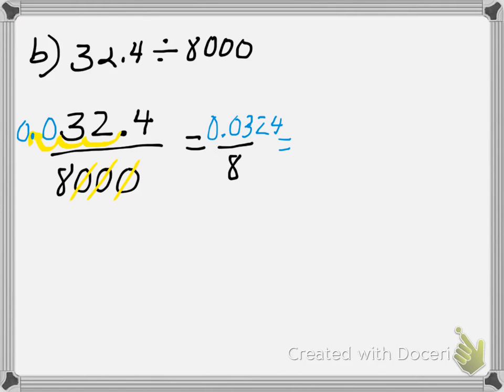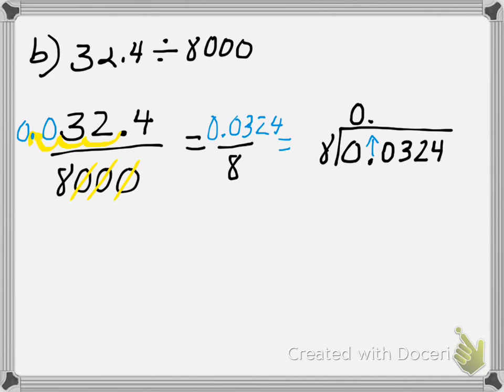So now we're going to go ahead and divide. 0.0324 divided by 8. Decimal point simply goes up.